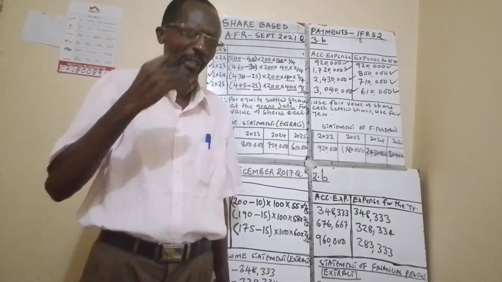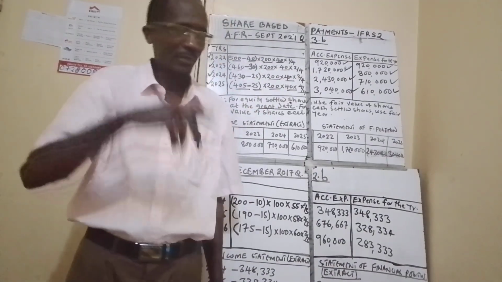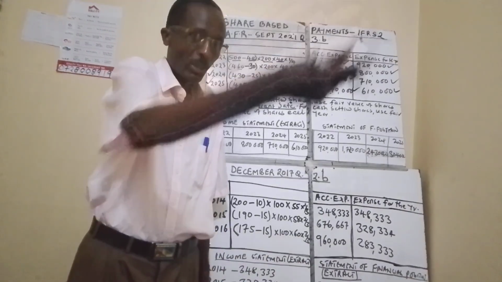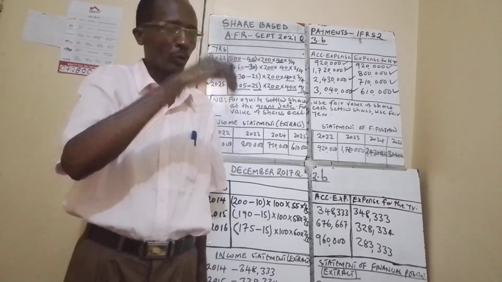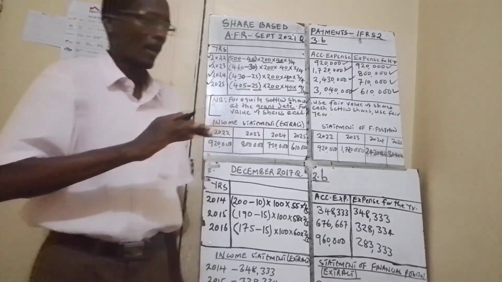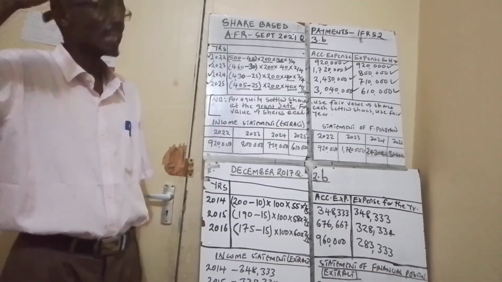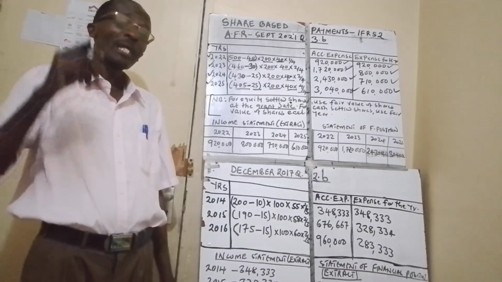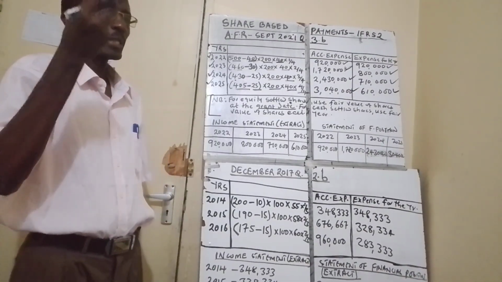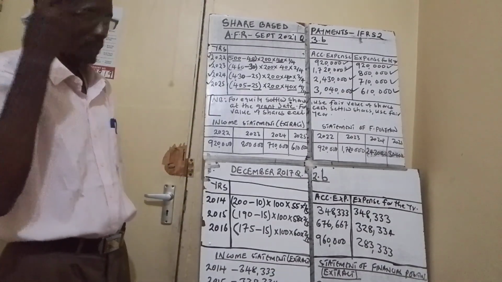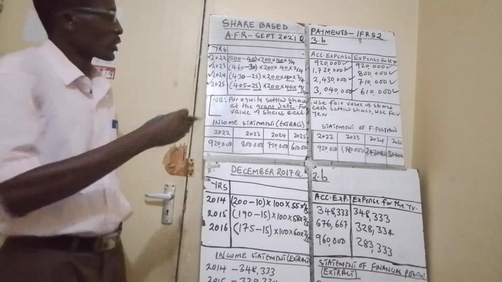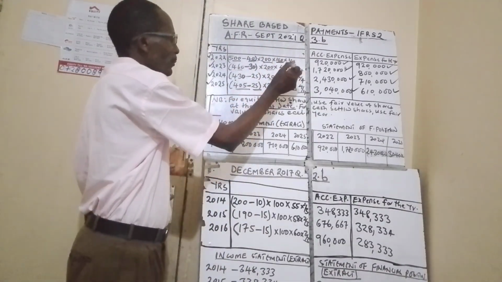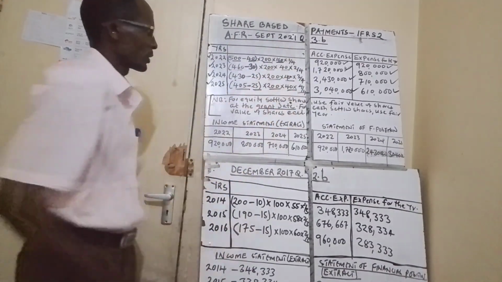That is the date when the entity and the other party agreed on the share-based payment. On that particular date, you ask yourself, what was the price of this financial instrument? That particular price will be constant throughout. That is why we multiplied by 40 throughout.